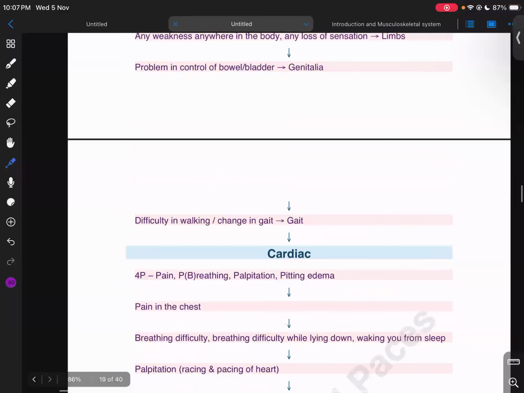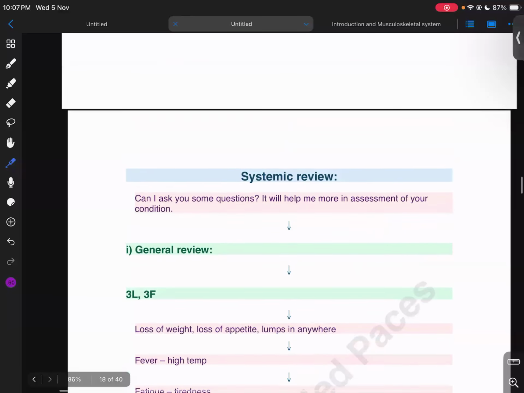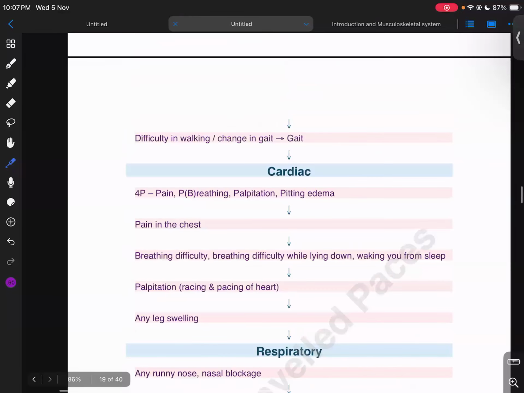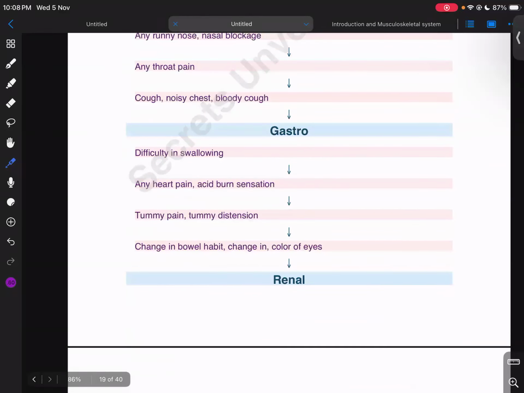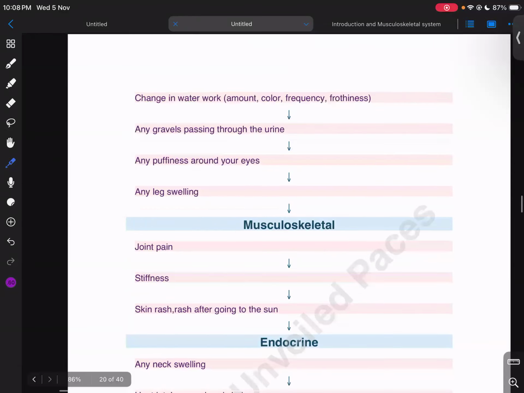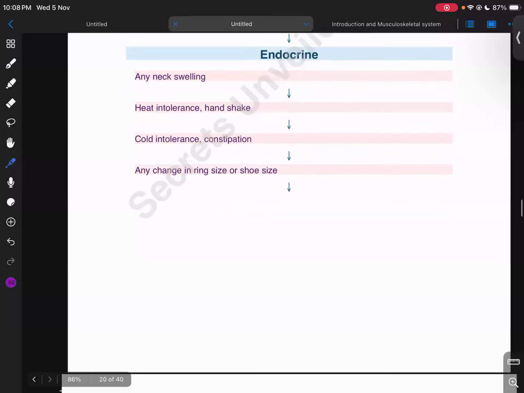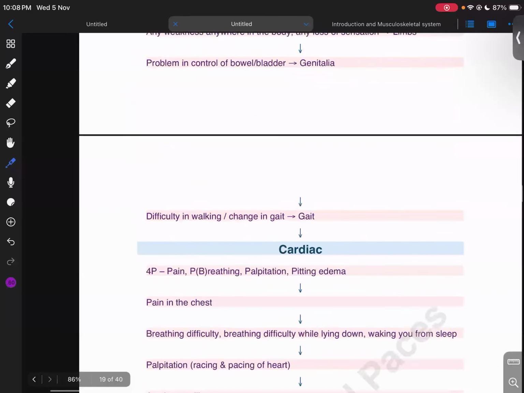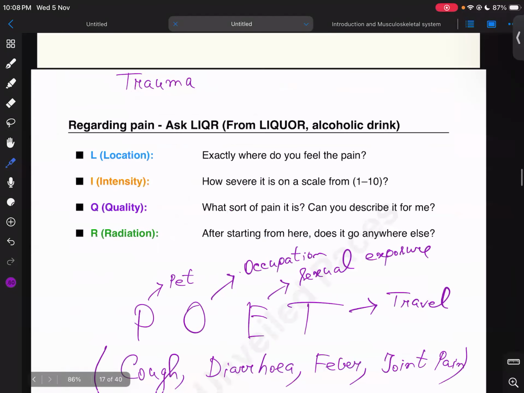After you get to your diagnosis and you want to rule out a differential diagnosis, you can touch only that system. And this will be clear to you after you complete this course and practice the 250 cases. It will be crystal clear how the cases come and what important questions I have to ask. So this is the endocrine question. So this goes for the history taking format.